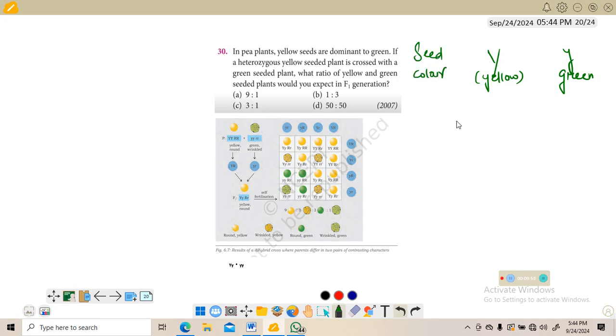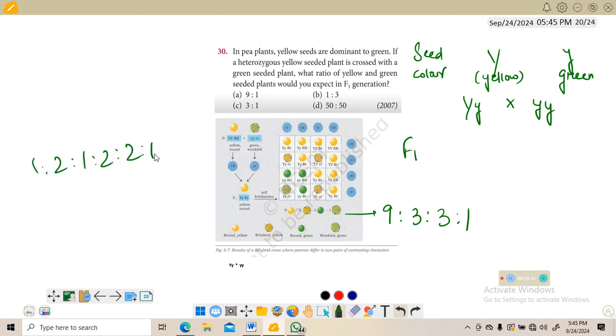If a heterozygous yellow seeded plant is crossed with a green seeded plant, what ratio of yellow and green seeded plants would you expect in the F1 generation? See, basically the main phenotypic ratio is 9:3:3:1. Genotypic is 1:2:1, 2:2, very much long. So basically you should know the phenotypic ratio, that is 9:3:3:1.